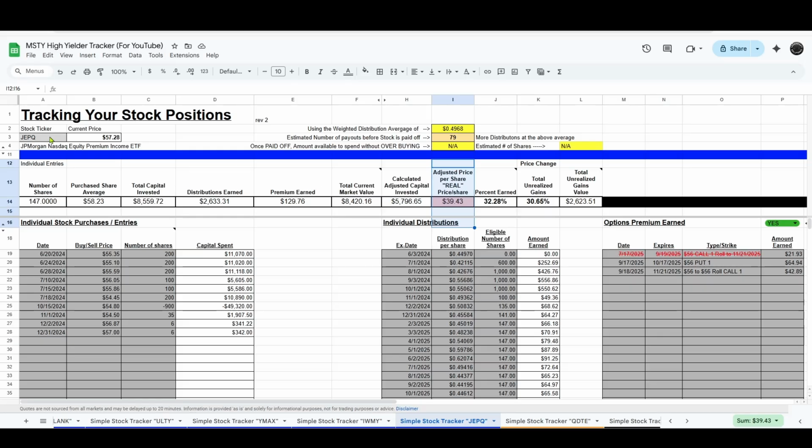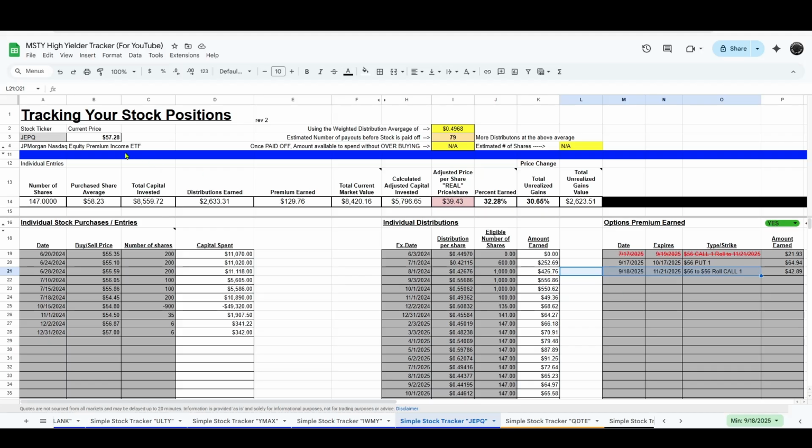But the current price of JEPQ being $57.28, and I have a real price per share of $39.43, looking pretty good, right? Now, on this one, I will have to note that I do have this call here, and it's a $56 call on JEPQ, meaning that I am agreeing to sell 100 shares of JEPQ at $56.